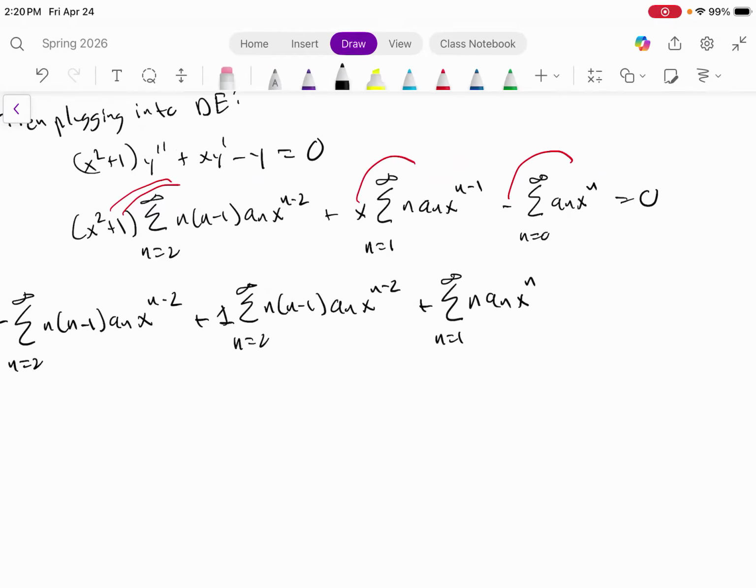And if we distribute in the negative, it would be plus the series starting at 0, negative a sub n x to the n, all equals 0.